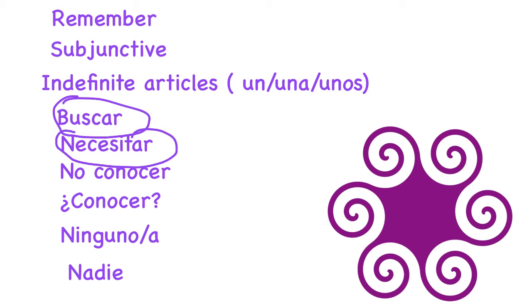You need those verbs with nouns that are accompanied by indefinite articles. Okay, indefinite articles. Now, you should be able to recognize them as un, una, unos, unas.